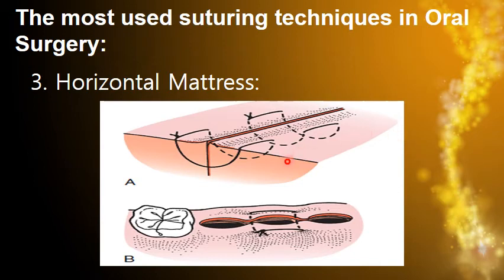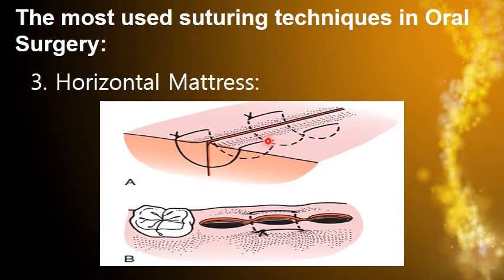In horizontal mattress suture, I can use it if I have an incision or if I have a socket, an open socket. If I have an incision line, I will enter the needle, like always, 3 millimeter from the edge, and take it out from the other side.